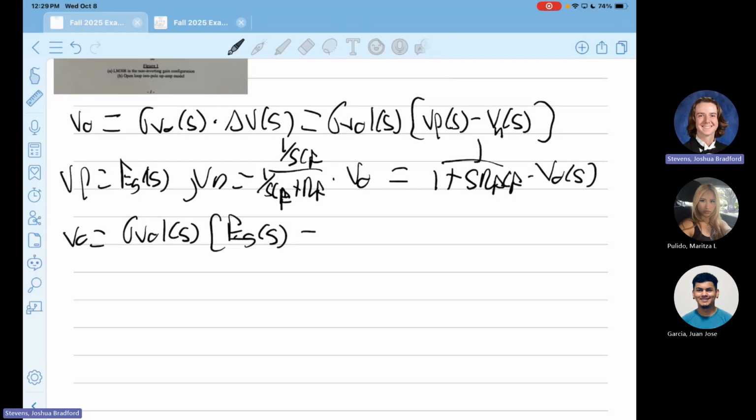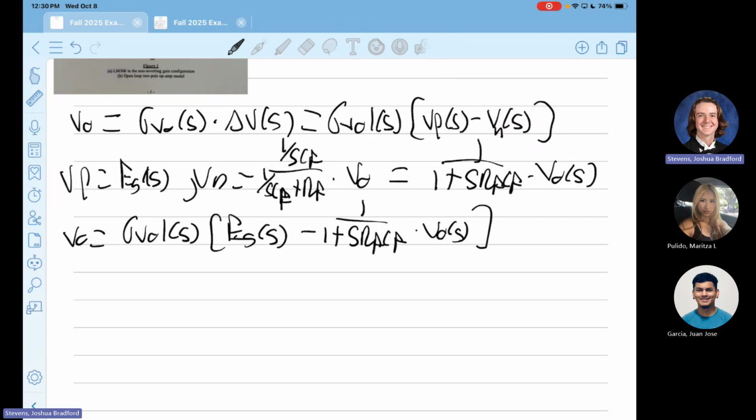I didn't do that in my head. I got that from Russell, but plug it into a calculator and you'll get the same value. So that becomes EG of S minus 1 over 1 plus SRF CF times V out of S.